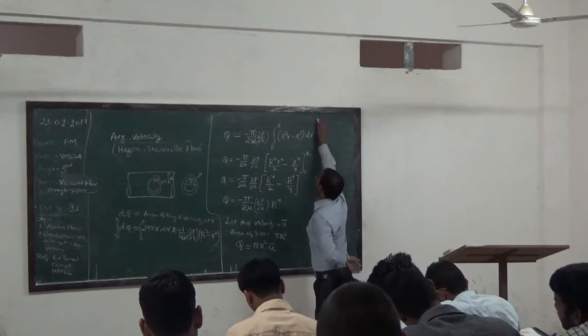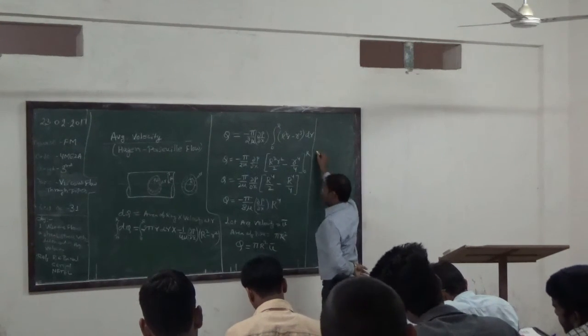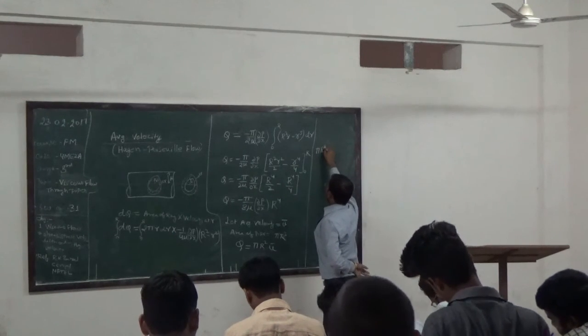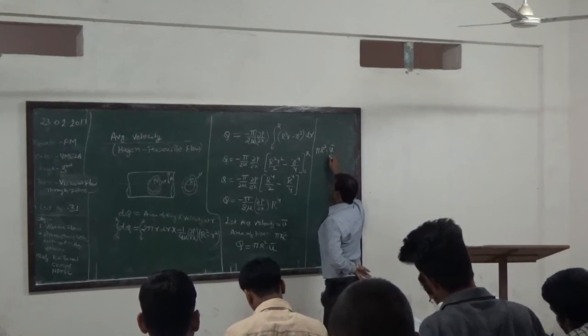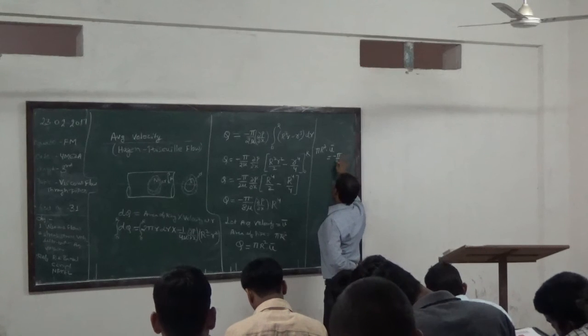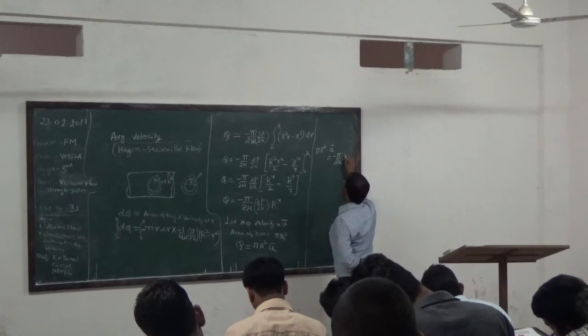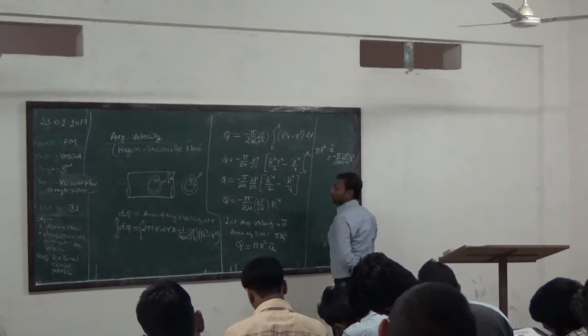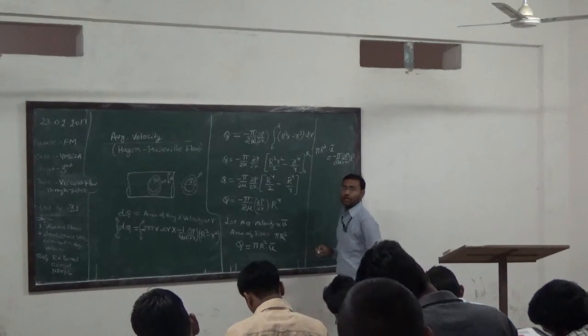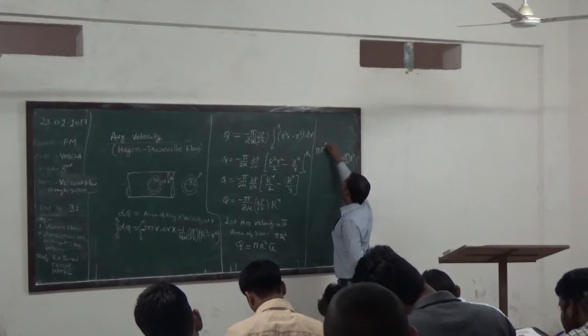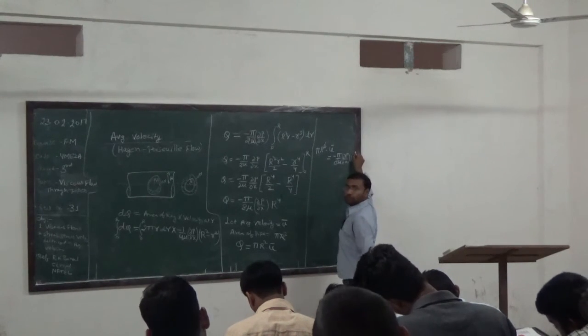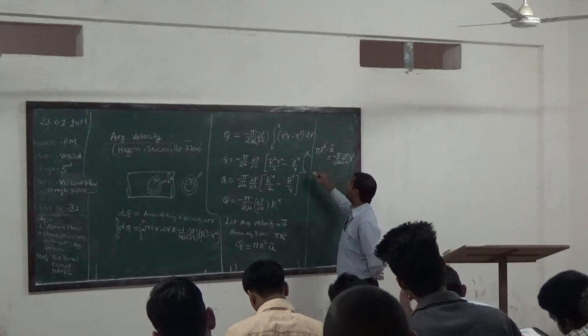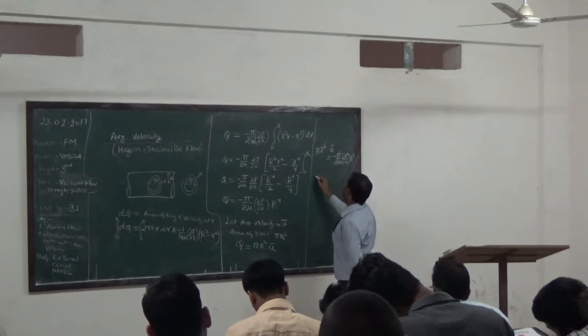So after comparison, pi R square into u bar is equal to minus pi by 8 mu del p by del x into R to the power 4. So R square to R square cancelled out, pi to pi gets cancelled out.